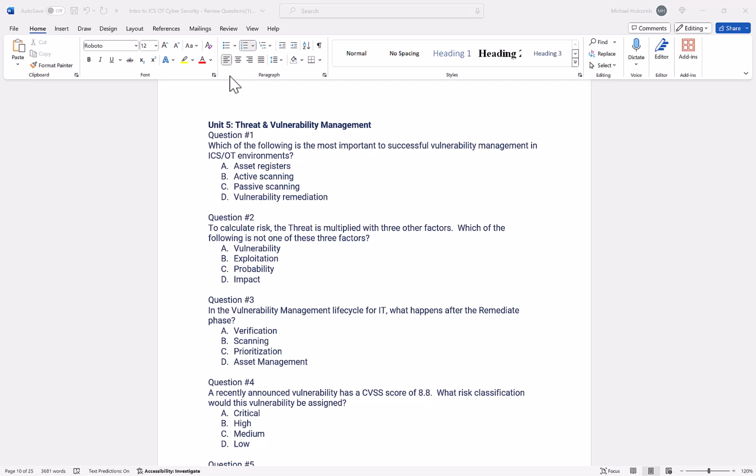ICS OT environments? And this is what we were just talking about in the last unit, asset registers. Remember, asset registers provide the list of hardware, software, and firmware that we have in the environment, including the vendors, the type, and the version number. So we can use that to look up, are there any vulnerabilities in these known versions of these known pieces of software or hardware or firmware in the environment?